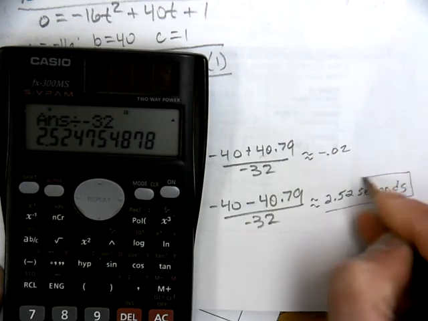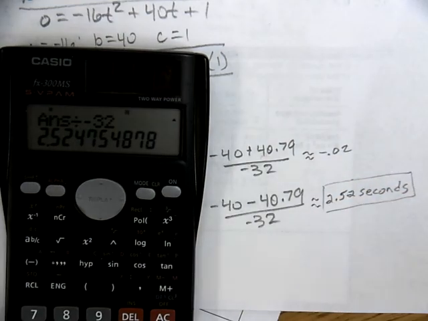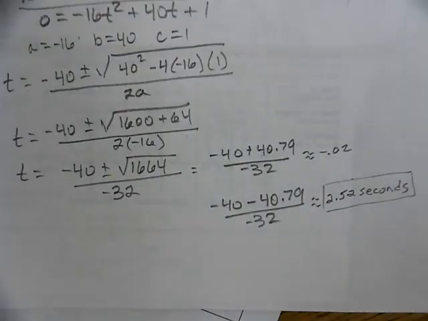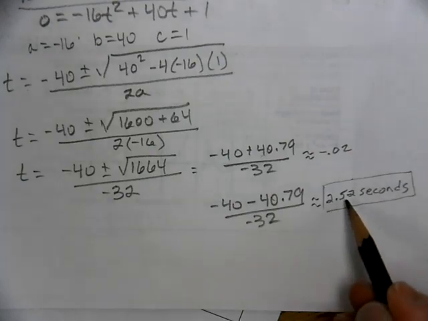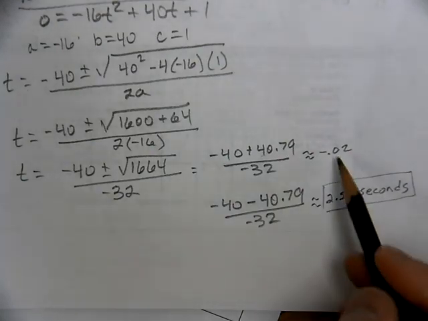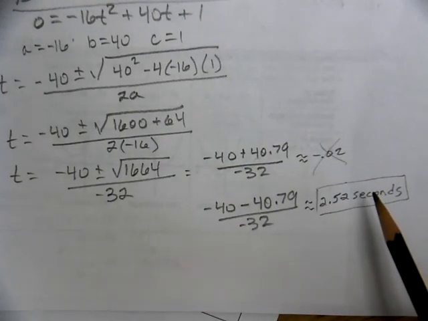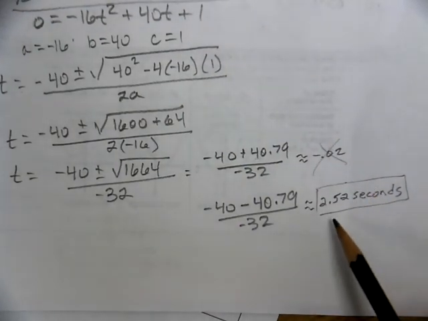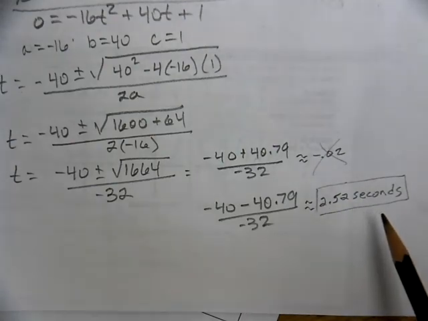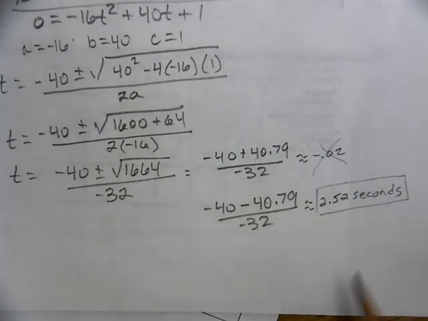That's how long it takes. You want to label your terms with units. 2.52 seconds. So this one is the one that we eliminate as a possible answer because we're not going to have negative time. We're just going to have 2.52. Good luck.